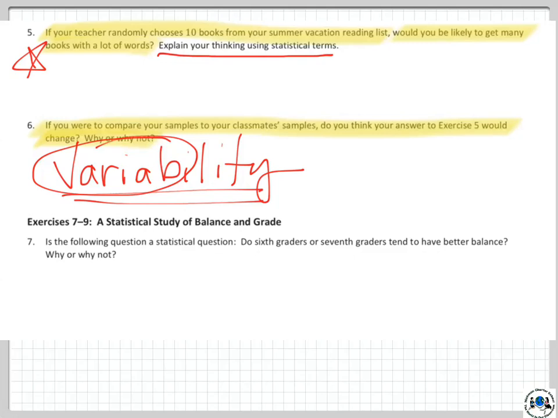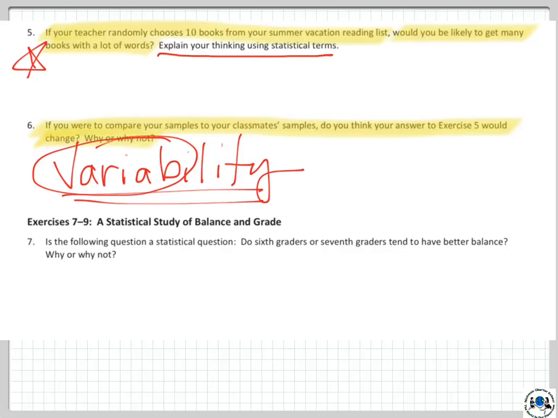For our purposes here, since we are not in class and we don't have you available to actually complete this study, because it is a lot of fun to actually collect a sample and collect data and create your graphs, etc. Since we can't do that because of logistical constraints, you're just going to plan this by answering these questions that follow, but we will not follow through with the actual study itself.